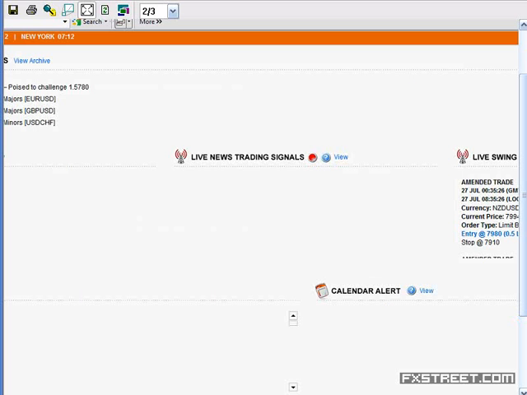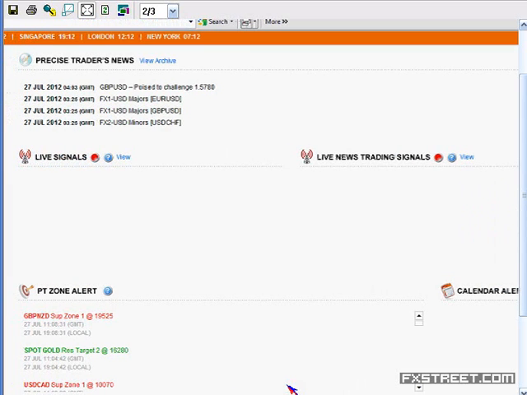Having that in mind, I'm going to share with you one example. In fact, did anyone manage to get the move yesterday? Did anyone in this room manage to catch the move or were in the trade yesterday?